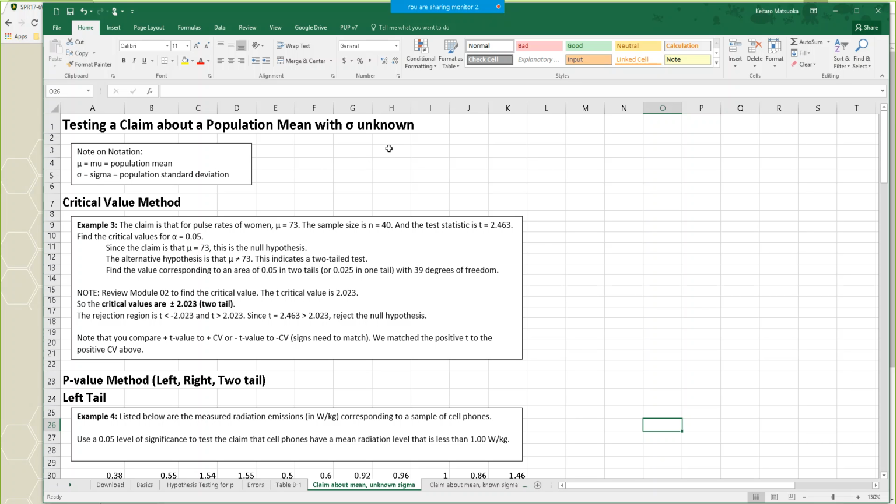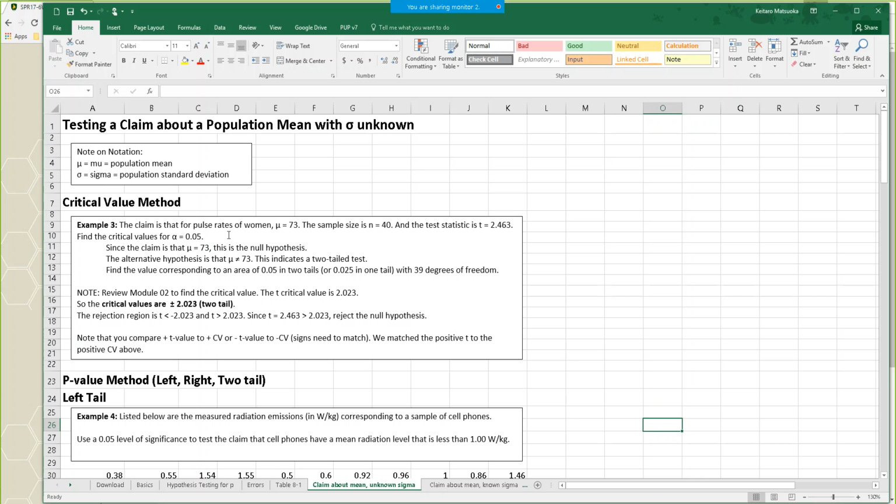All right, so we looked at one method to determine whether you reject the null hypothesis or not. I'm going to introduce you to a second method, which is the critical value method. So here's how it works. Okay.